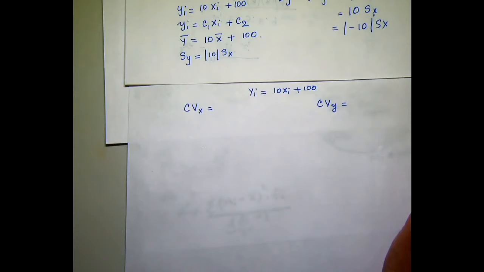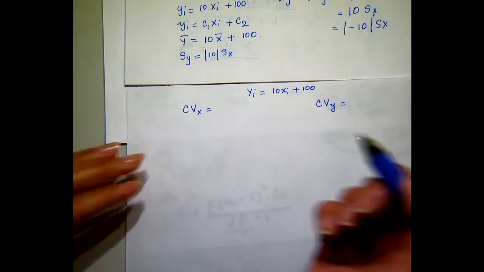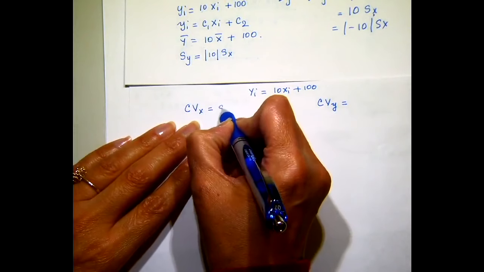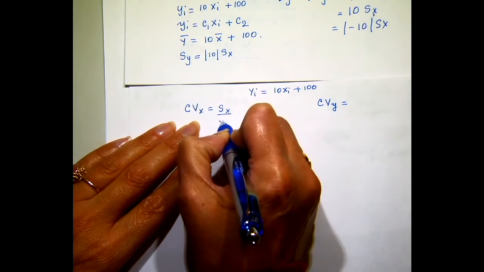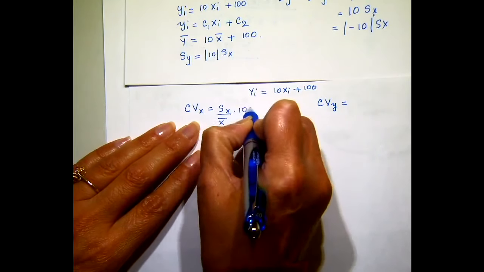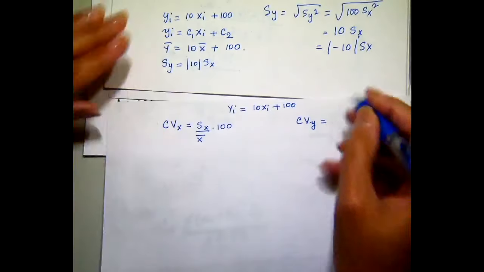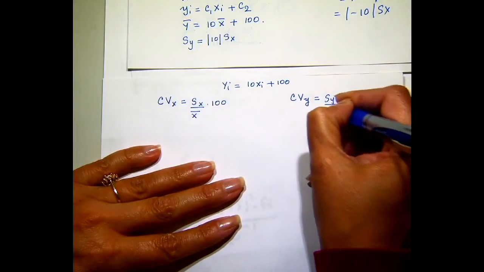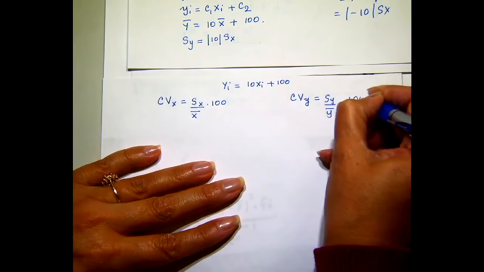It is 10 times bigger? I don't know if it is. Let's see. Coefficient of variation of x is Sx over x bar times 100. And this one is Sy over y bar times 100. Right?